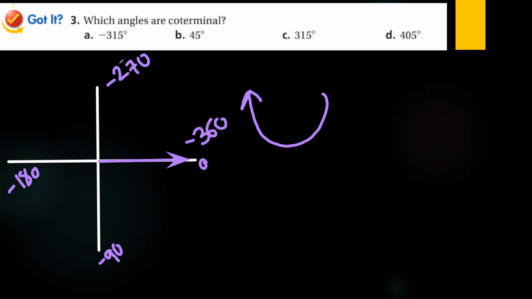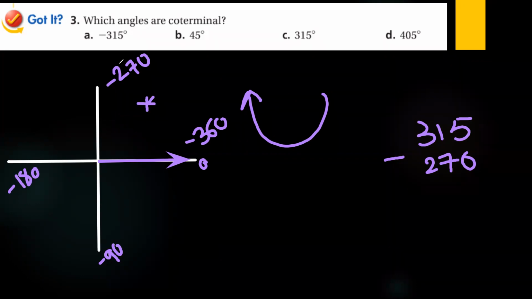Then 315, that means you have to subtract 315 minus 270. Why? Before that, you have to ask yourself, where is 315? Is it between 90 and 180 or between 270 and 360? 270 and 360. Exactly. So it is in this quadrant here.